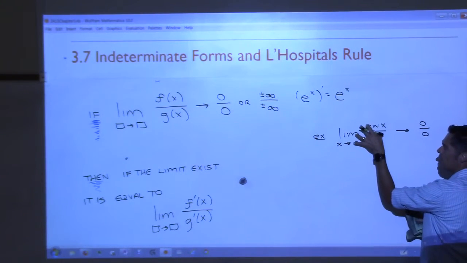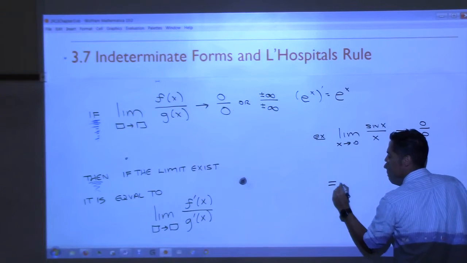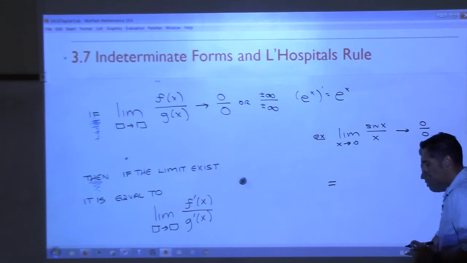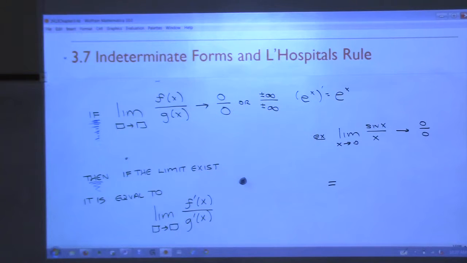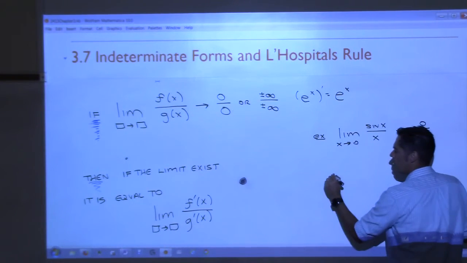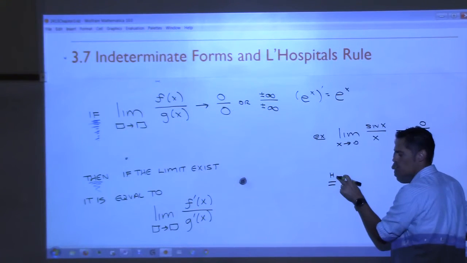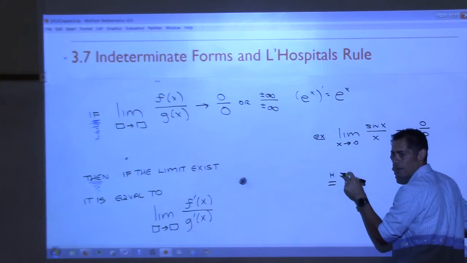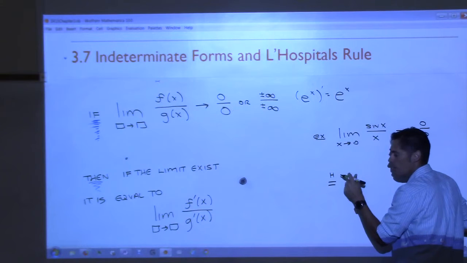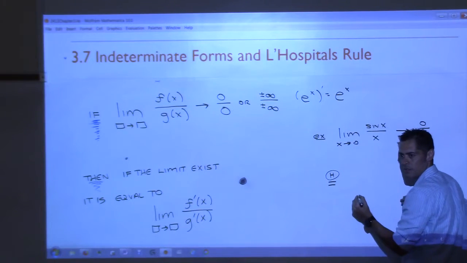So I'm going to say that this limit is equal to, now we need to somehow tell whoever's looking at our work that we're about to use L'Hopital's rule. Most books will put an H on top of the equal sign to let people know that they're using L'Hopital's rule. Sometimes they circle it.